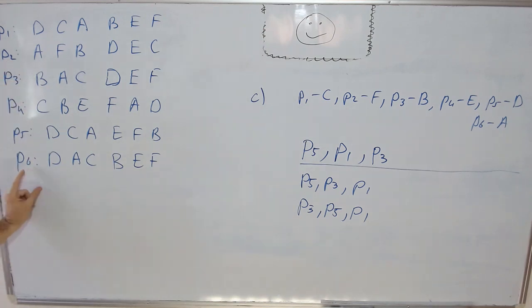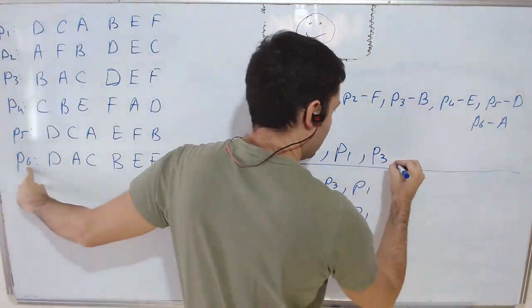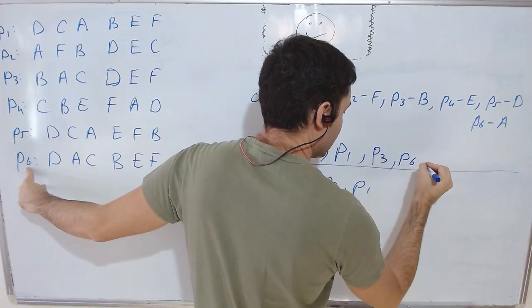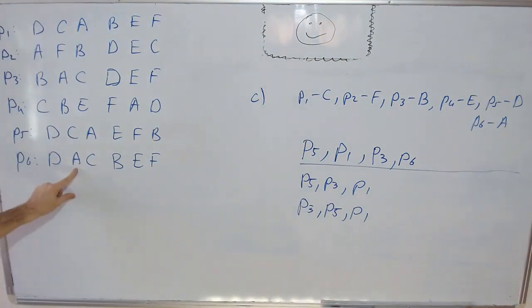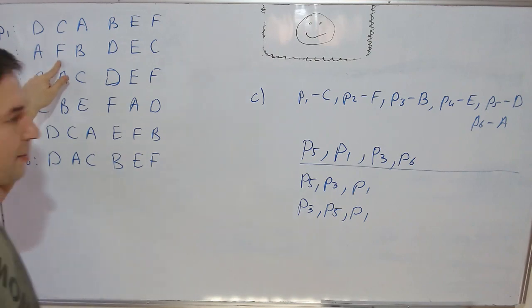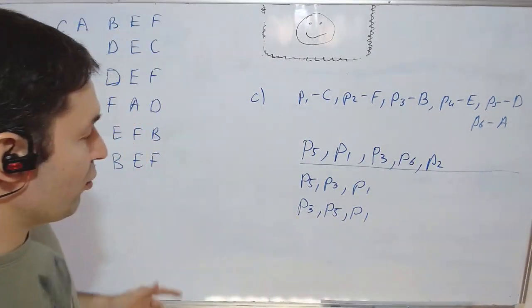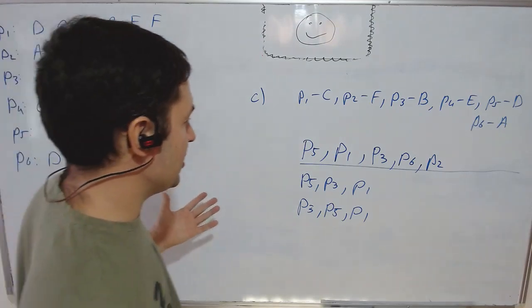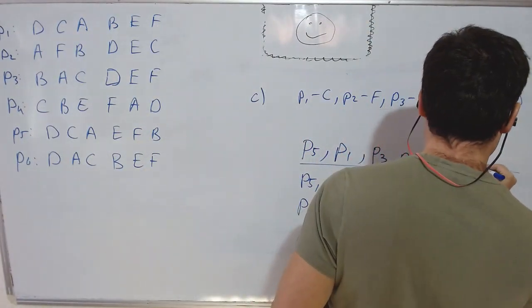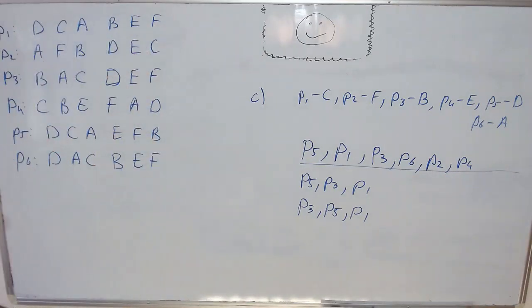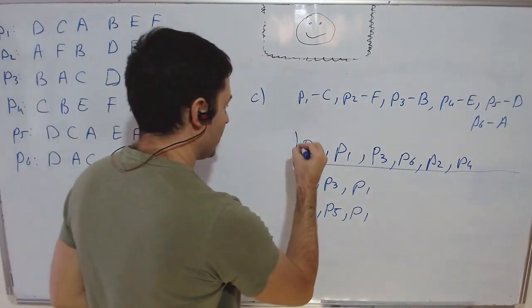Okay, so P6 can go because D is taken and he needs to get A. So suppose he goes, P6 grabs A. Once A is off the market, we can let P2 go, because once A is not there, he will grab F. So that works. And we already ranked five people, which means the last person would have to be P4, and he will get house E because that's the only house available. So that order works.